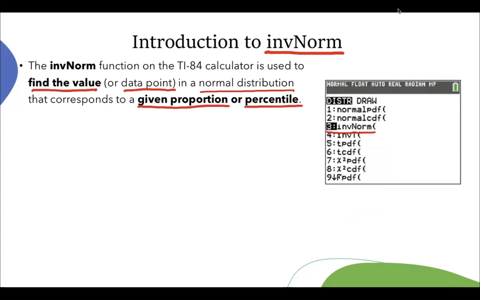So let's take this piece by piece. It reverses what normal CDF does. Normal CDF gives us the proportion or percentile based on values in the distribution, and inverse norm does the reverse. It gives us a value in the distribution based on the proportion or percentile.